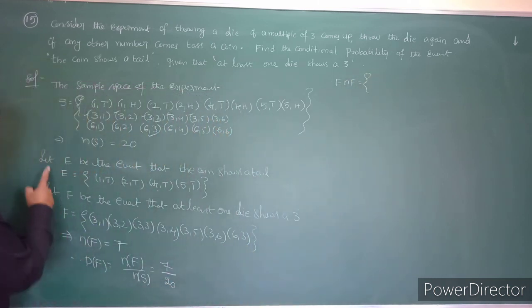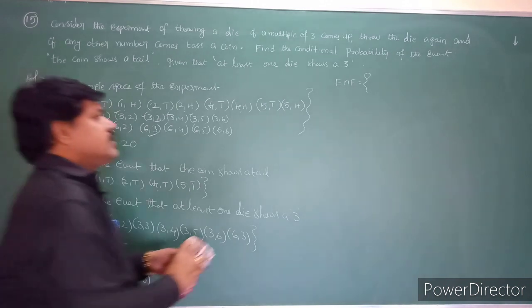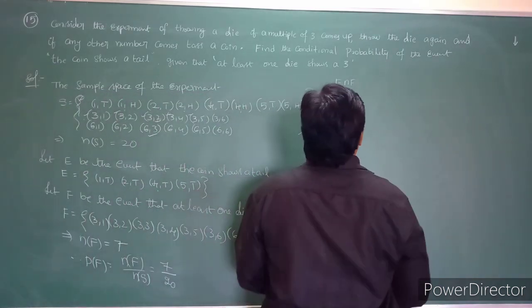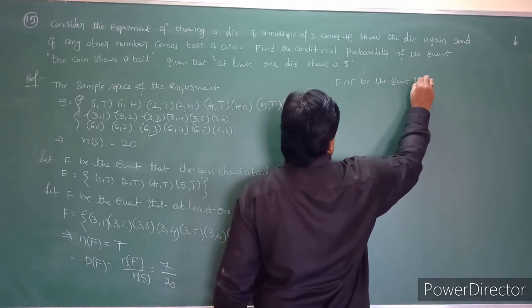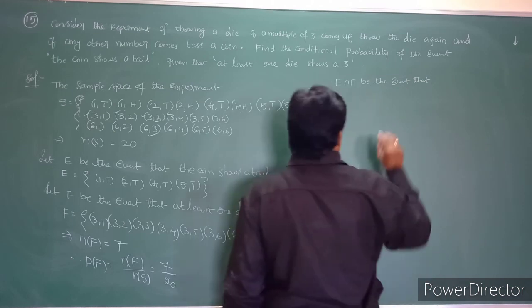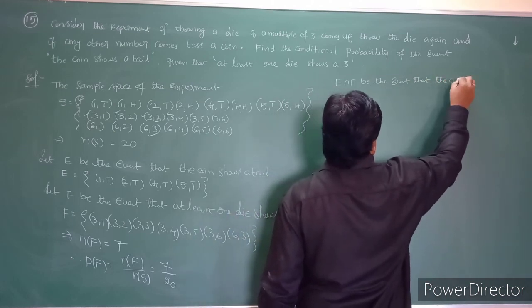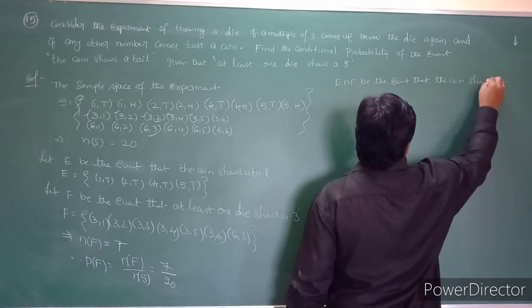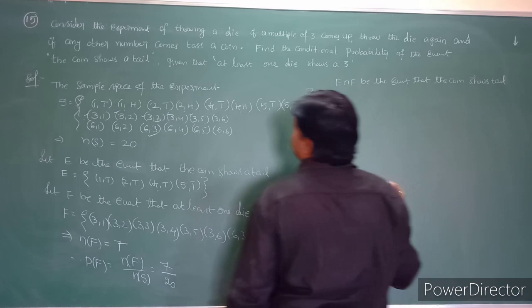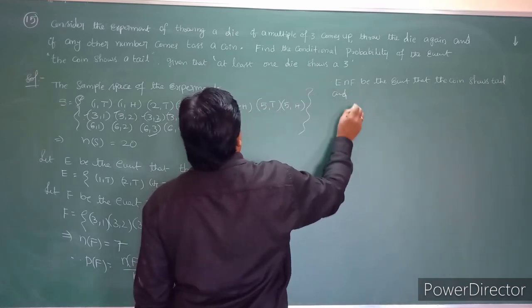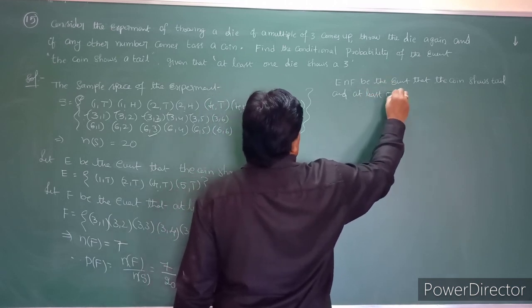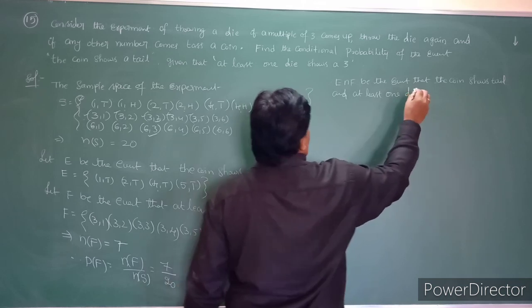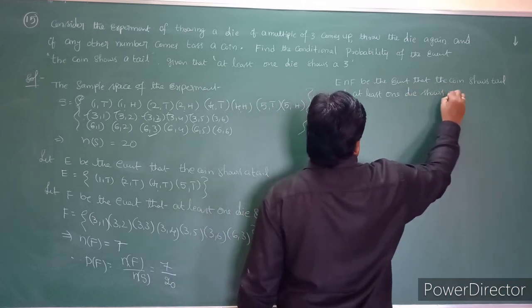See, students, for E and F. E intersection F is the event that the coin shows a tail and at least one die shows a 3.